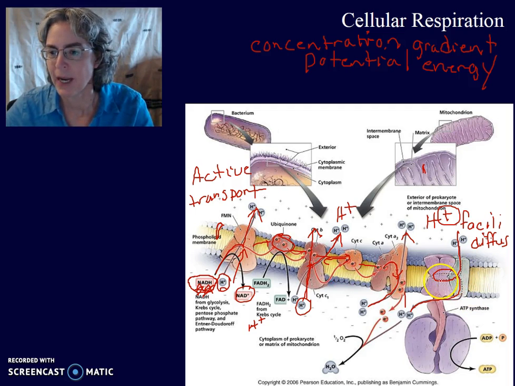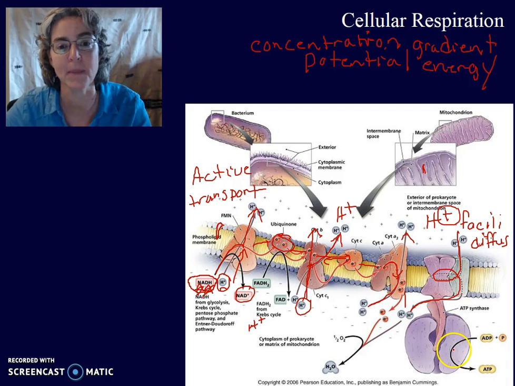But in this case, the flow of hydrogen ions through here, from an area of higher concentration to an area of lower concentration, turns this water wheel, and the energy is being used to make, guess what? ATP.